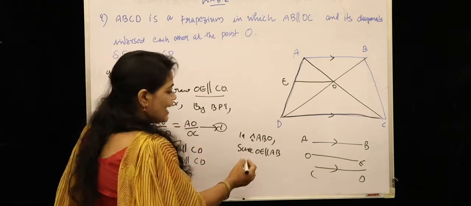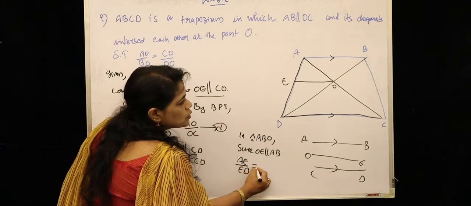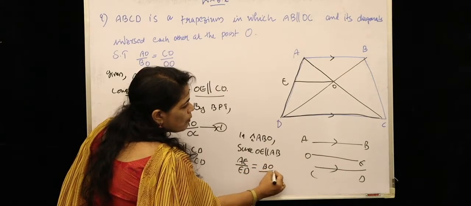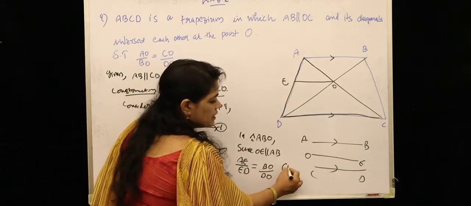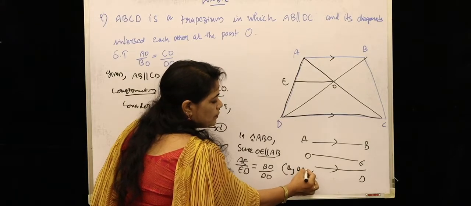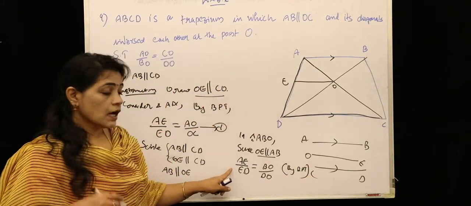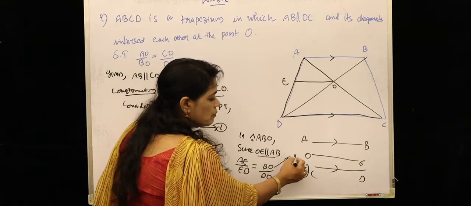That means AE by ED equal to BO by DO by the basic proportionality theorem. This can be equation number 2.